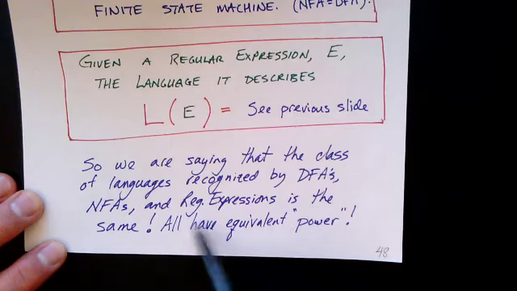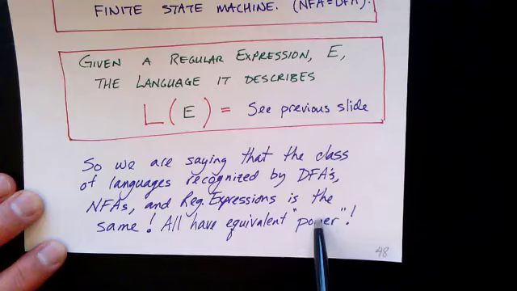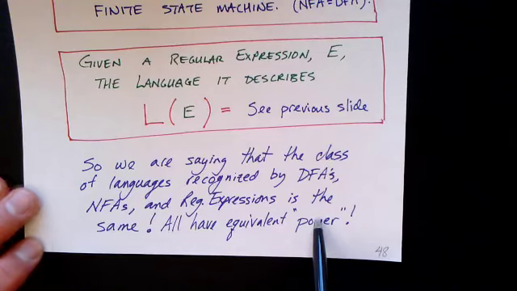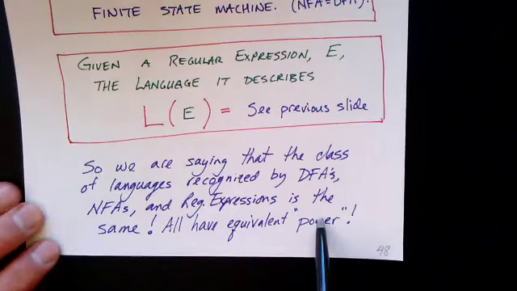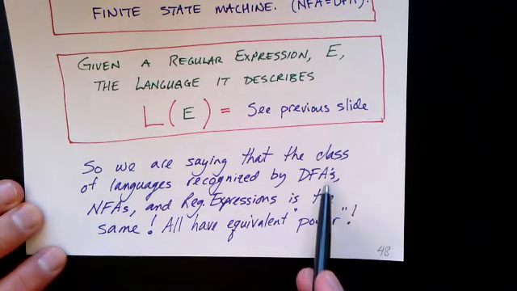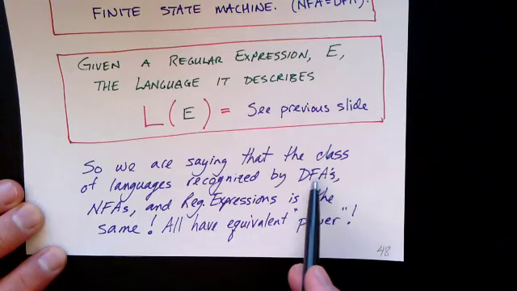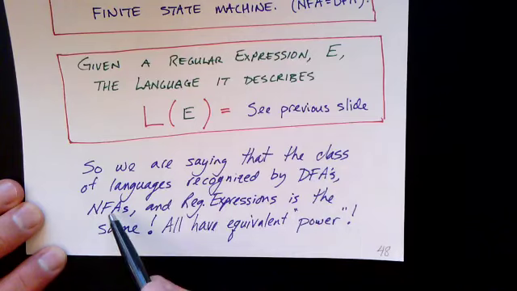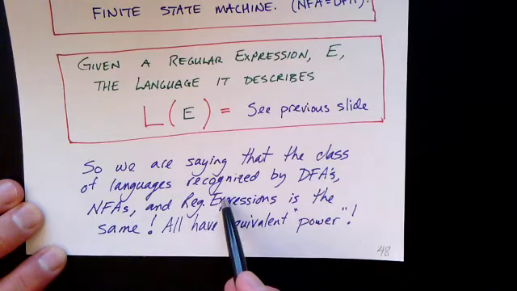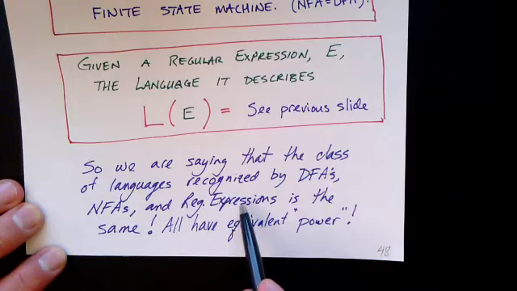They all have equivalent power. They're describing the same class of languages. One way to remember this is regular is regular is regular, whether it's described by a deterministic finite state machine or a non-deterministic finite state machine or a regular expression. If you've got any one of these three, you can convert it to the other two and get a description of the same exact language.